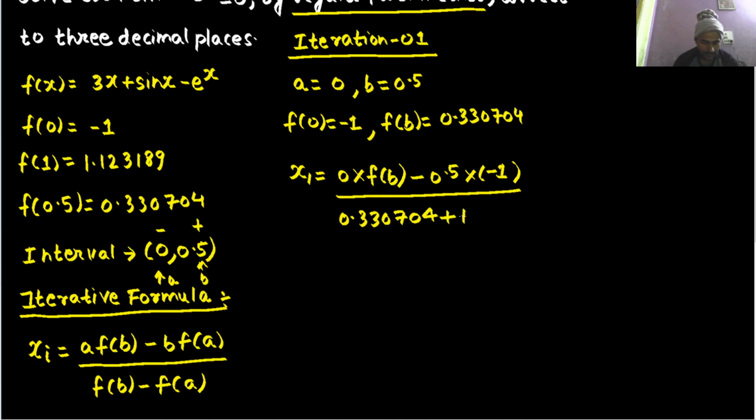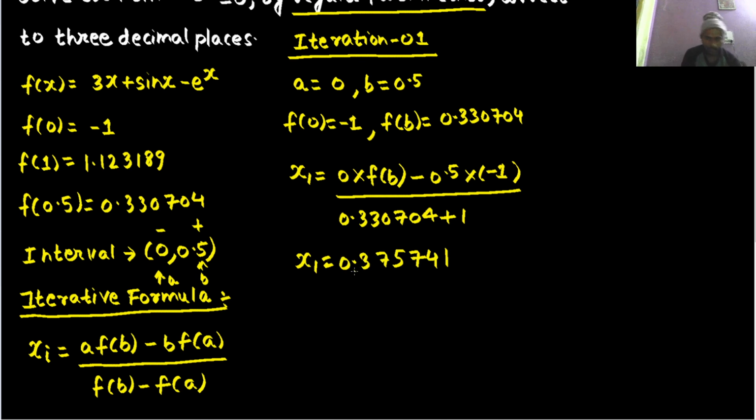The numerator will be plus 0.5, and the denominator will be 1 plus 0.330704, and the value which you are getting is 0.375741. This is the value which you are getting after the first iteration.